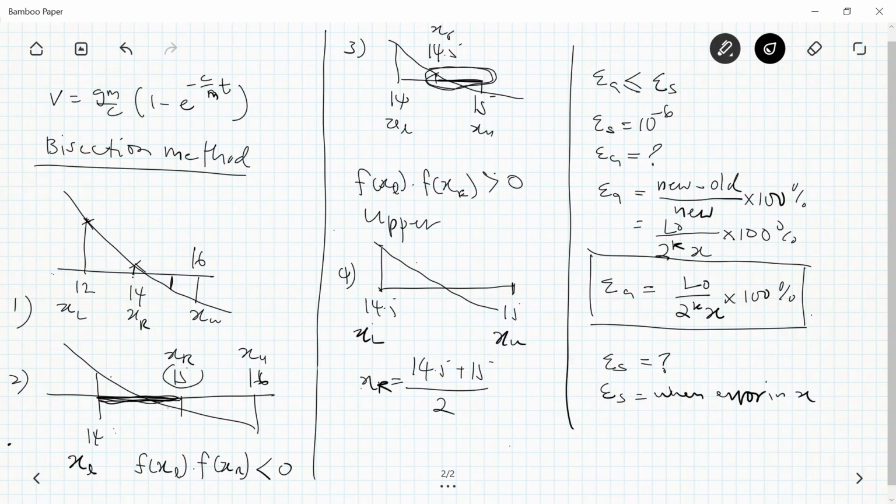For example, in this case, the error in x is 10 to the minus 6, right? So how do we write this? The error is, of course, in terms of percentage. So let's write this here.